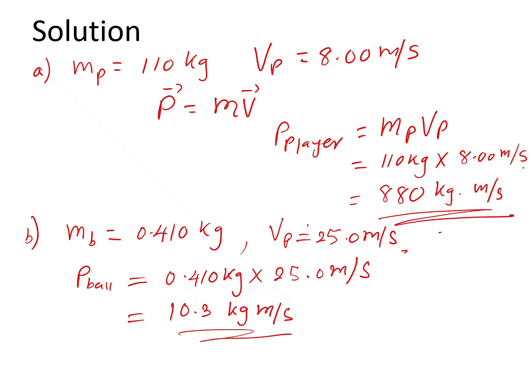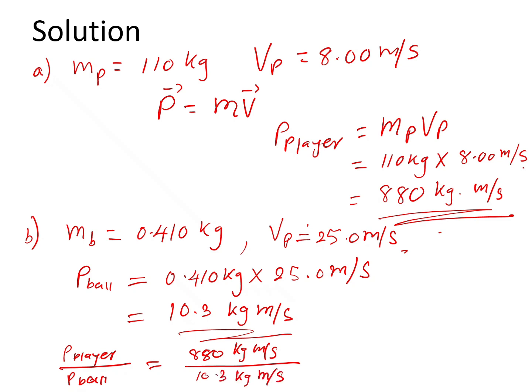To compare them, divide the player's momentum by the ball's momentum. P player divided by P ball, and we get 880 kilograms meters per second divided by 10.3 kilograms meters per second, and we get 85.9.